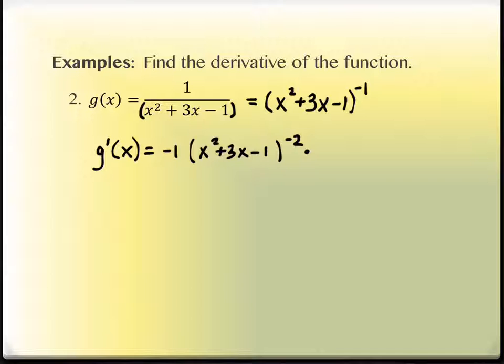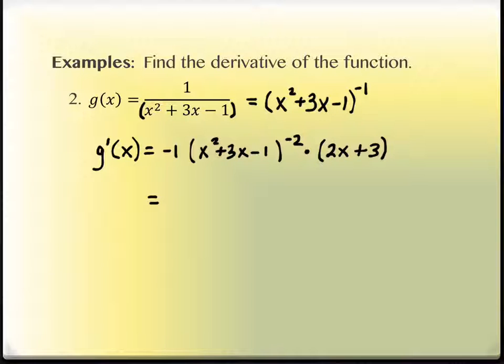And then I have to multiply it by what? All right, the derivative of the inside, which is 2x plus 3. Again, that's where we would stop on the gateway. For simplification purposes, there's really not a lot I can do. I can put the part that's to the negative exponent back into the denominator. Can do that.